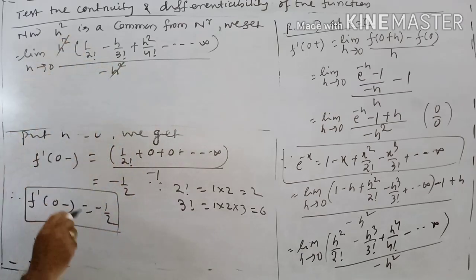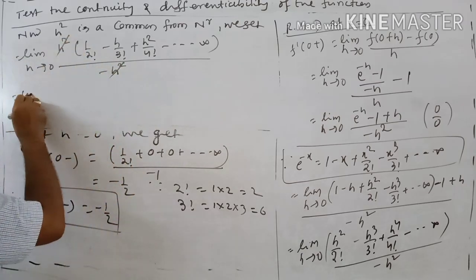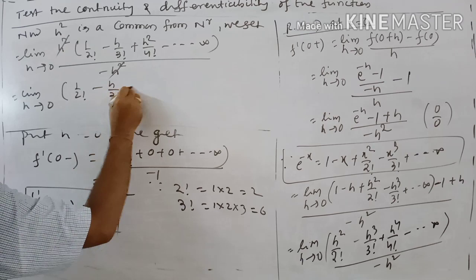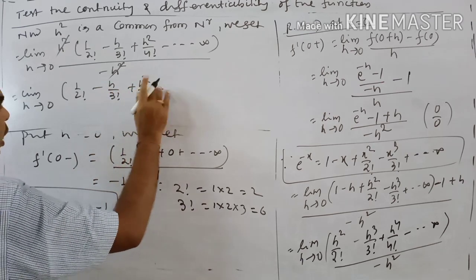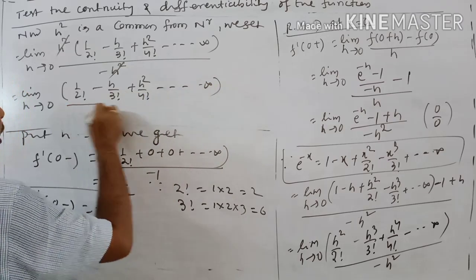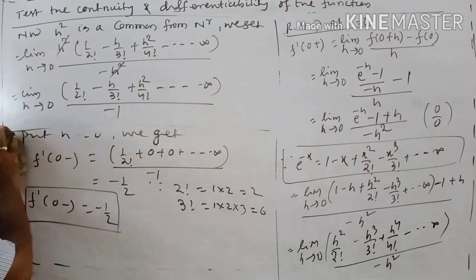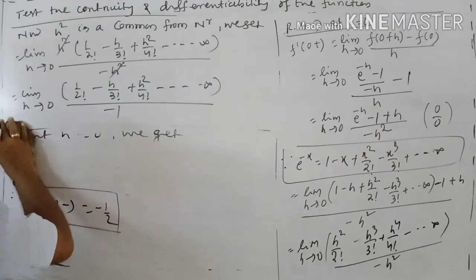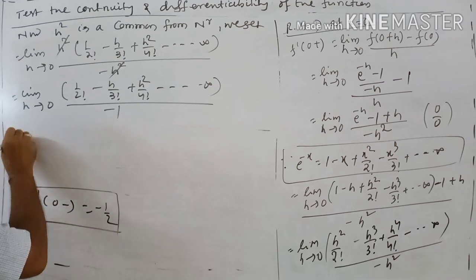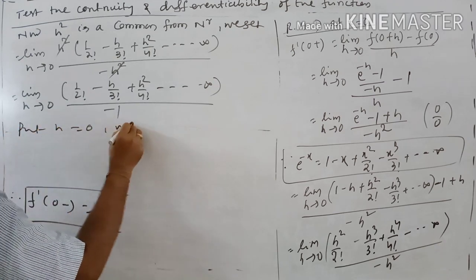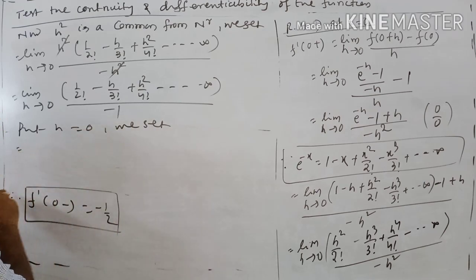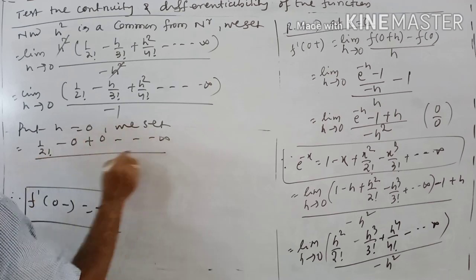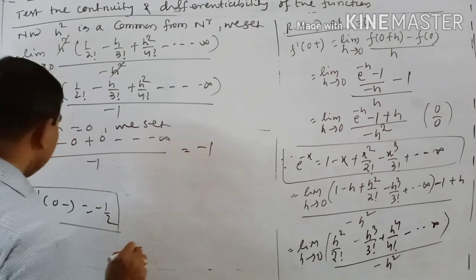So h square cancels out. So this is equal to limit h tends to 0 of 1 by 2 factorial minus h by 3 factorial plus h square by 4 factorial minus up to infinity divided by minus 1. So put h is equal to 0, we get 1 by 2 factorial minus 0 plus 0 up to infinity divided by minus 1.